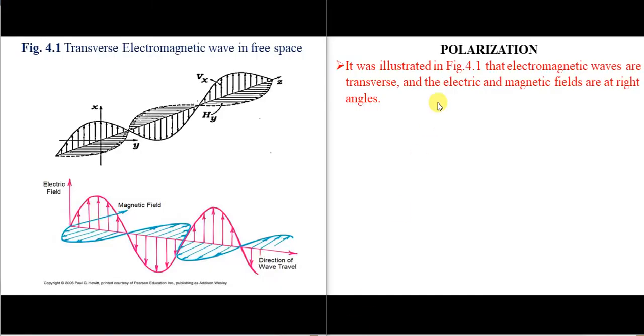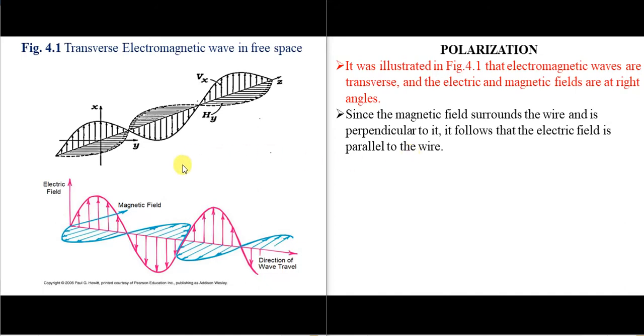Polarization, as illustrated in this figure of transverse electromagnetic waves in free space: the electric and magnetic fields and the direction of propagation are mutually perpendicular to each other, and hence they are called electromagnetic waves, and they are transverse in nature.